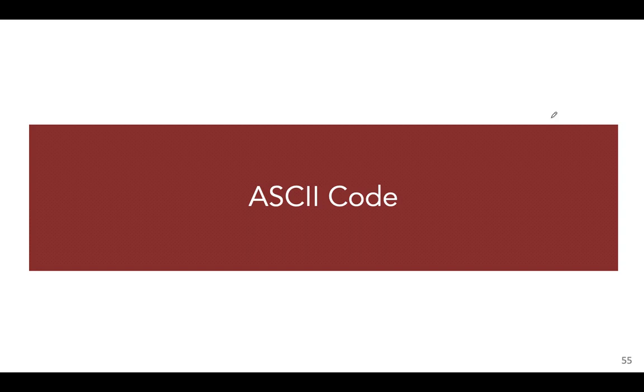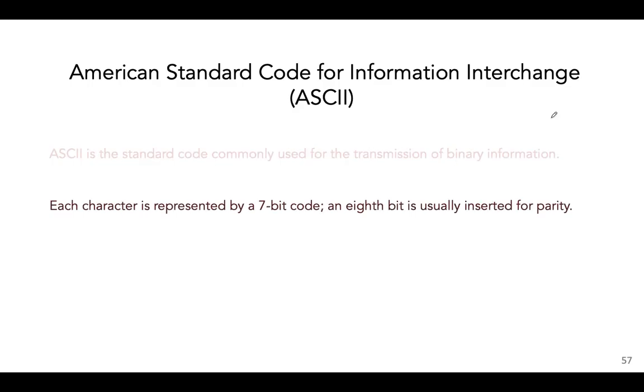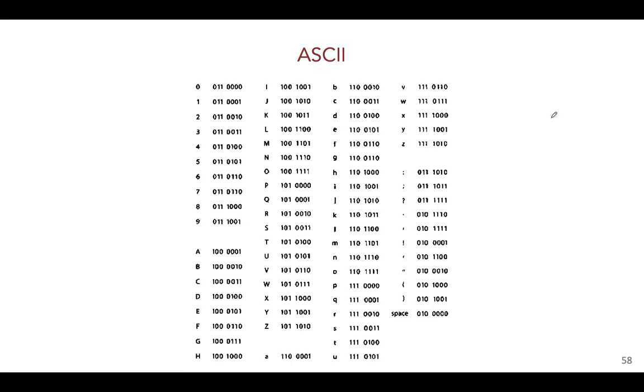ASCII code. Now ASCII code is something I think you might have heard before. ASCII stands for American Standard Code for Information Interchange. This is the standard code commonly used for the transmission of binary information, the most commonly used code. Each character in ASCII is represented by a 7-bit code, and sometimes an 8th bit is inserted for parity. We will talk about parity later.